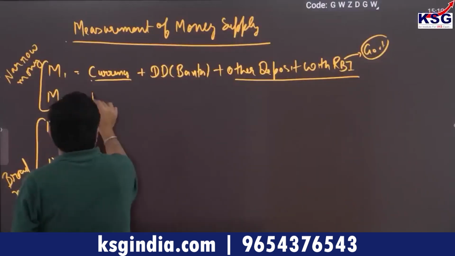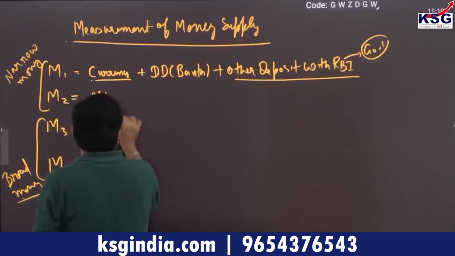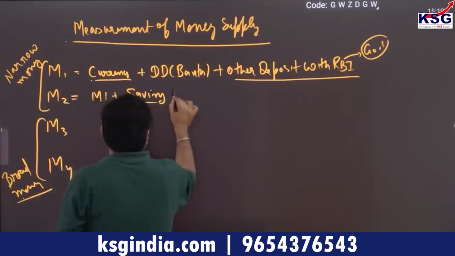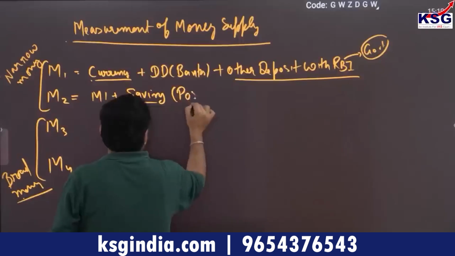M2 is basically M1 plus savings in post office.